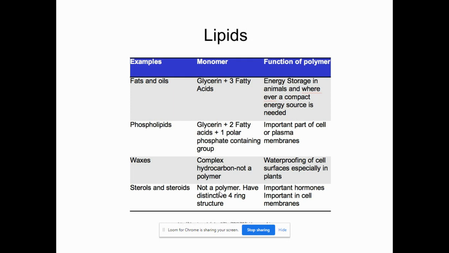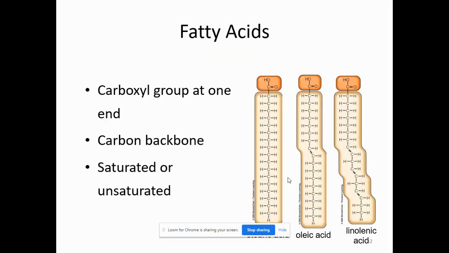So here you have again those four types of lipids. You have fats and oils, phospholipids, waxes, and then you have sterols and steroids. And then the functions. The first group we'll talk about is fatty acids.